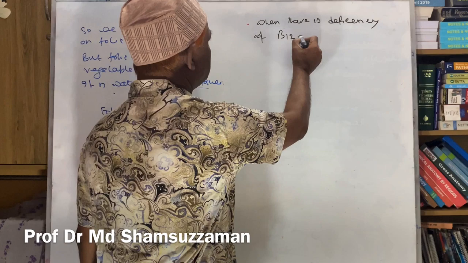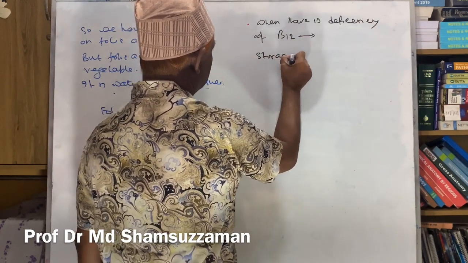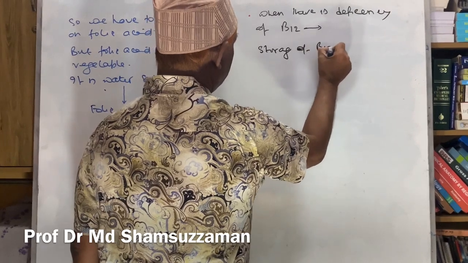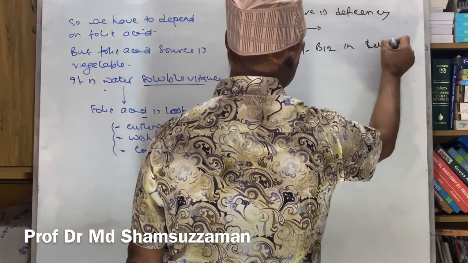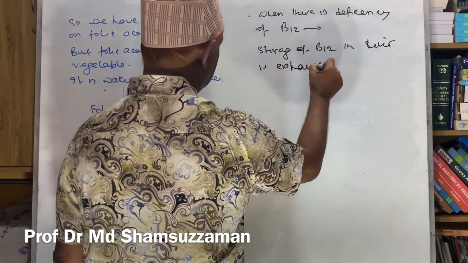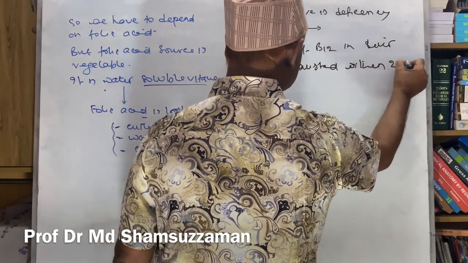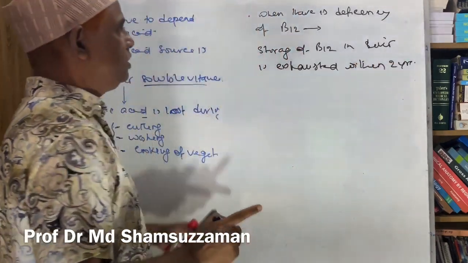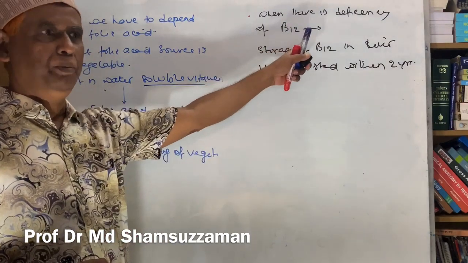And when there is deficiency of vitamin B12, the storage of vitamin B12 in liver is exhausted within 2 years.